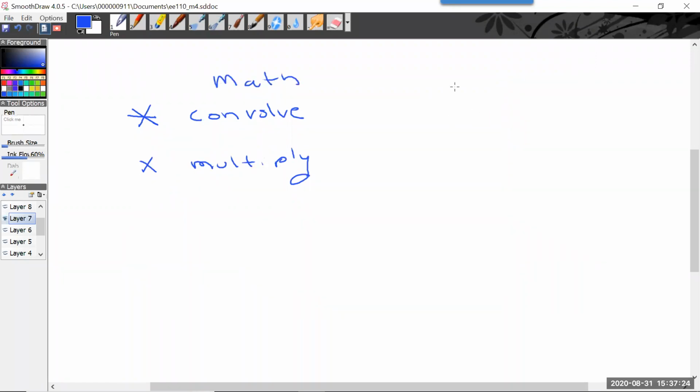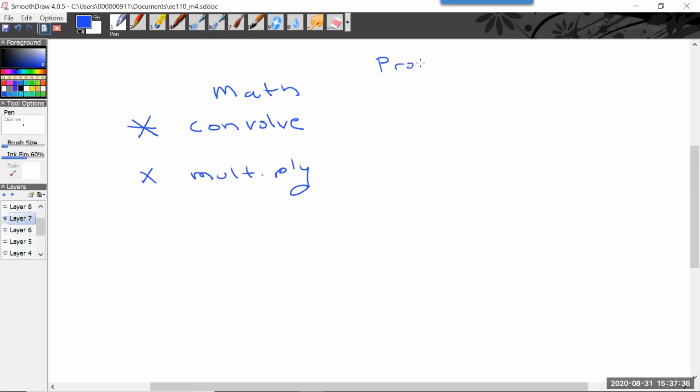Math, right? In programming, you would need convolve(g(t), h(t)), and multiply in programming would be that symbol.